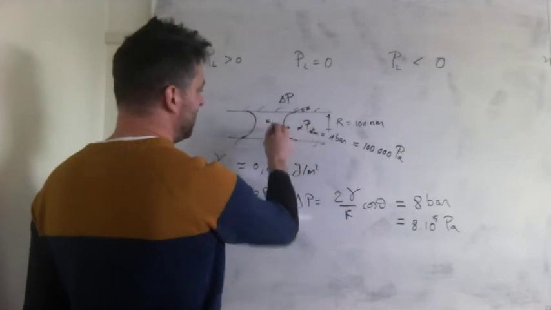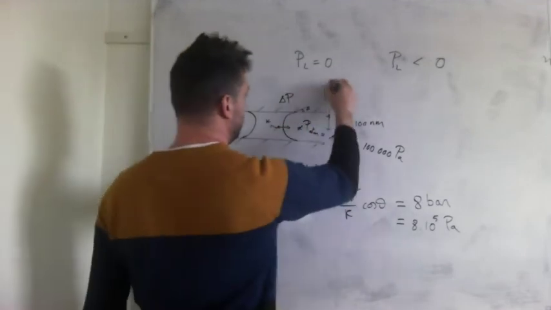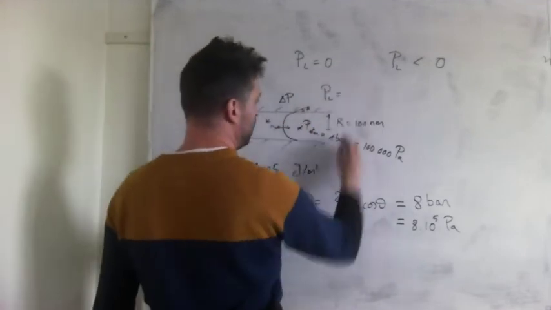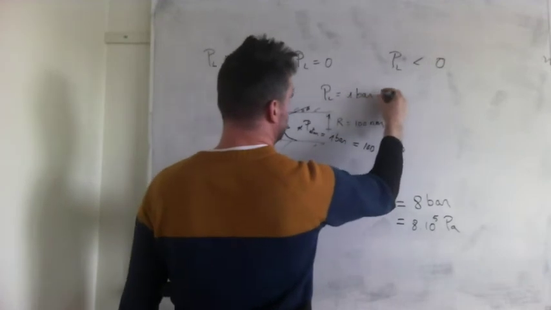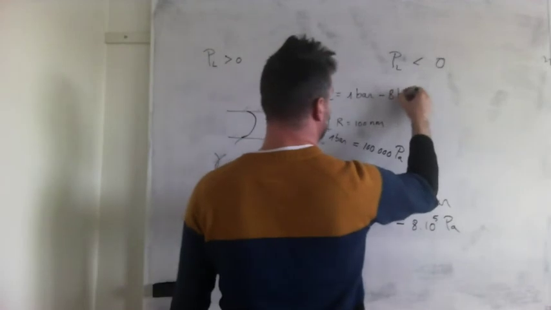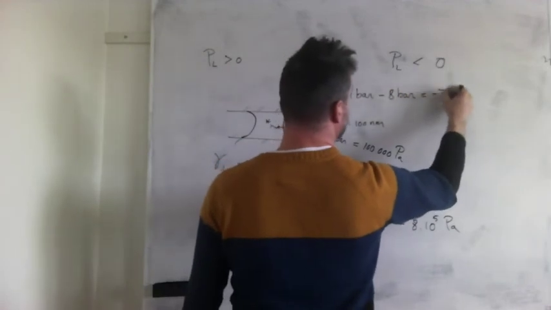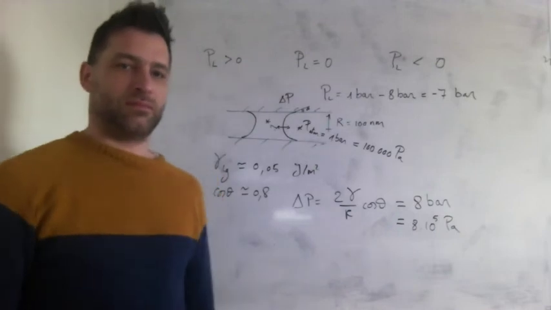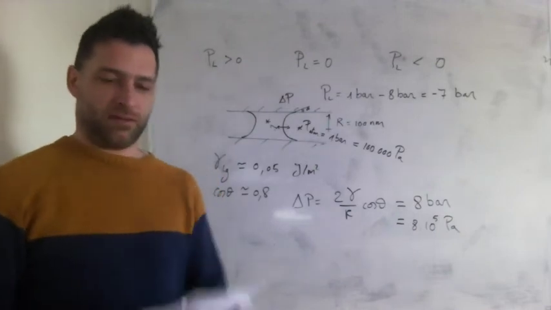So my liquid pressure, P_L, equals 1 bar minus delta P, which equals minus 7 bar. Minus 7 bar, absolute pressure.